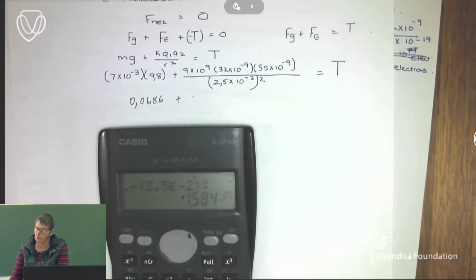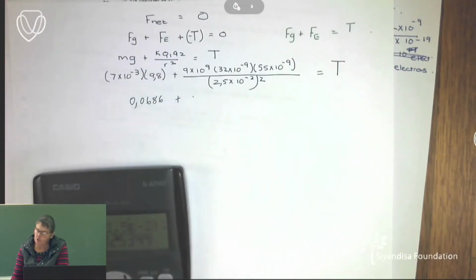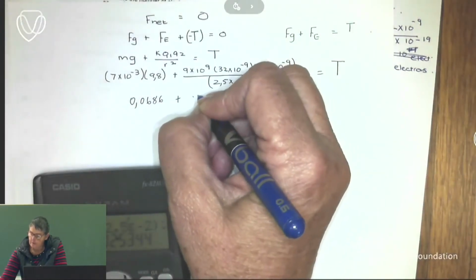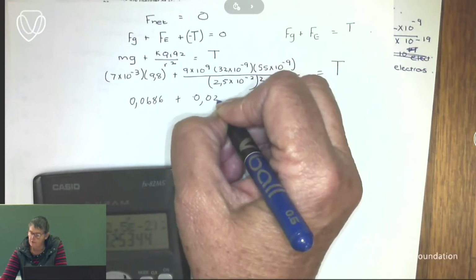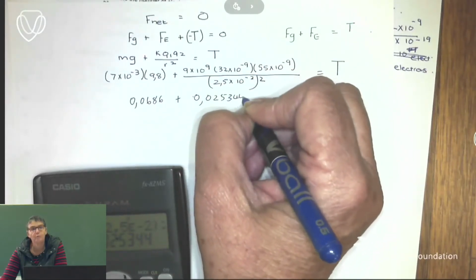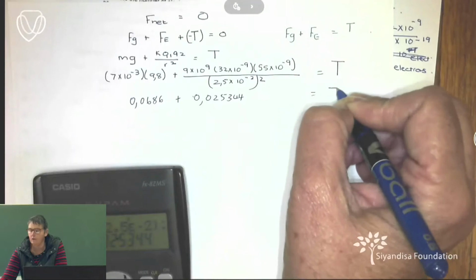Do not forget the square. And that should then give me 0,025344. Remember, you're going to do this all in one on your calculator.